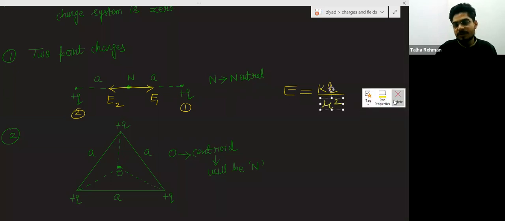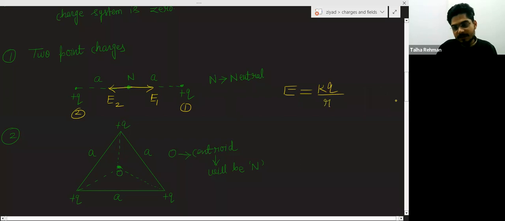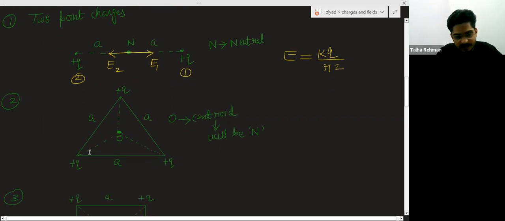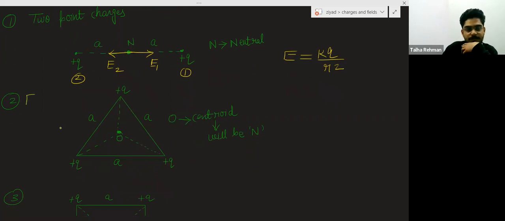Now you can see this distance is the same, and the magnitude of both charges Q is the same, so the magnitude of E1 and E2 will be the same. These electric fields are equal and opposite, so they will cancel each other. So at this point, there will be no electric field. Now come to this. This is the equilateral triangle.